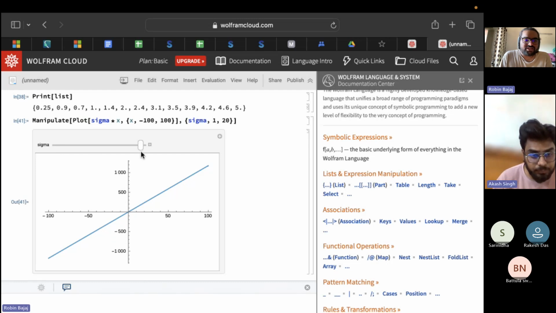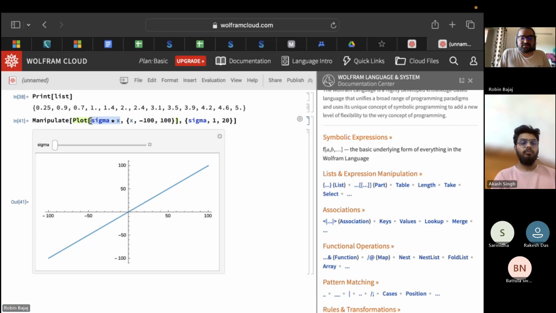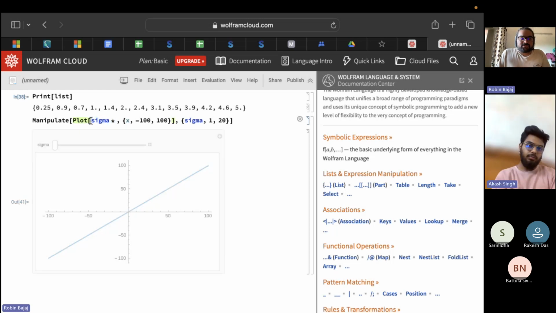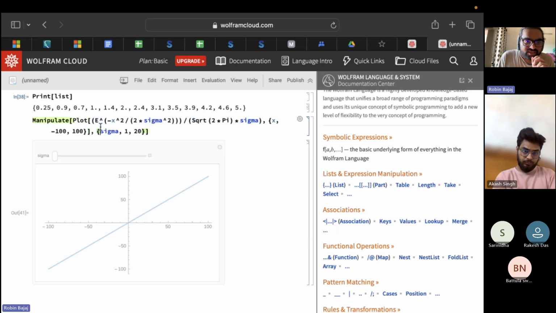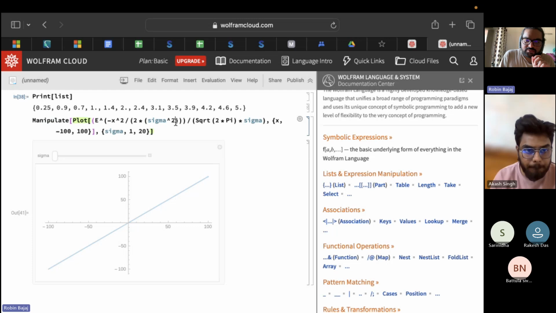The issue was while we were writing the complicated function. Let's go back and see where we made a mistake. Minus x square, 2, is the square root fine? 2 into pi sigma. I hope this should not be an issue.